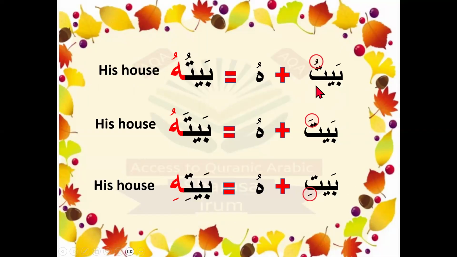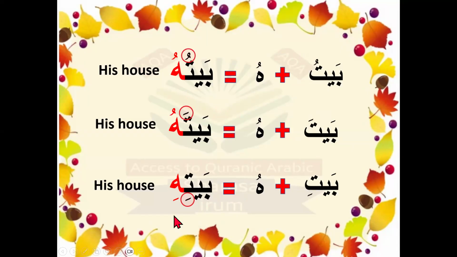So all these irab, Baitu, Baita, Baiti, will be the same when they move into the possessive construction in the murakkab izafi. Baitu hu, Baita hu, but in the last one it is Baiti hi, not hu.